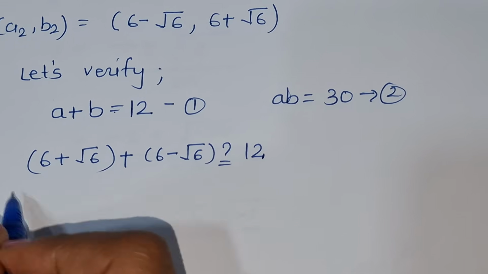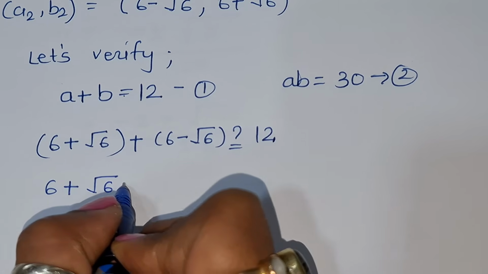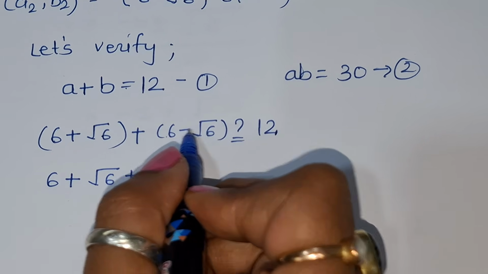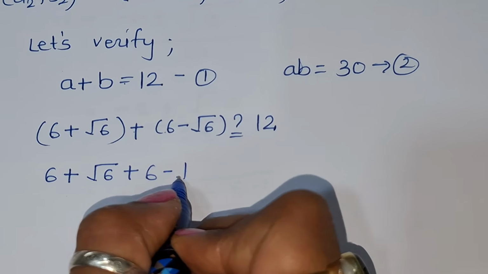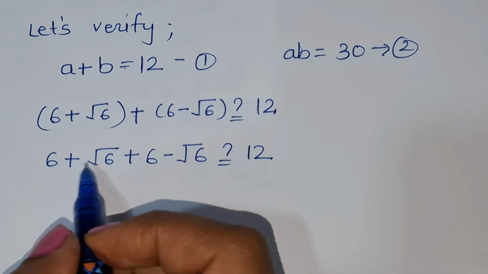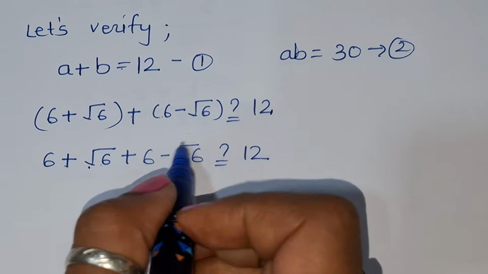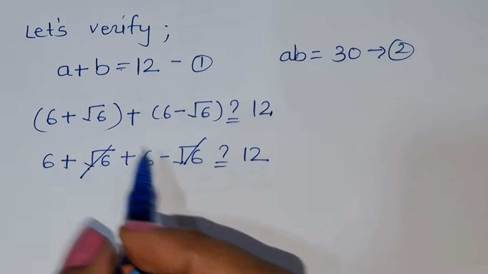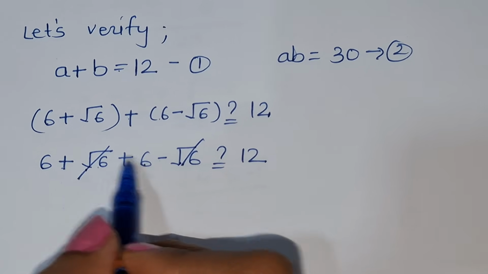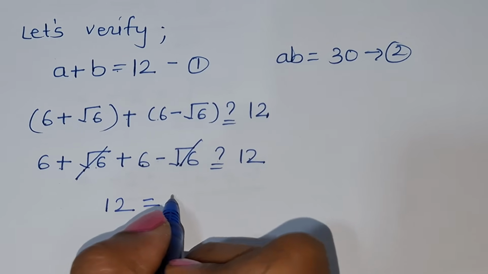Now 6 plus square root of 6 plus 6 minus square root of 6, question mark, 12. Now the square root of 6 plus and minus square root of 6 cancels out. Now 6 plus 6 is 12, which is equal to 12.